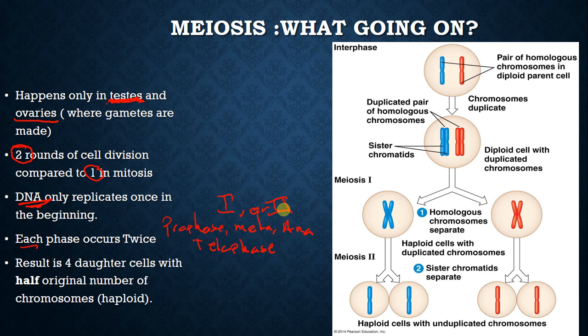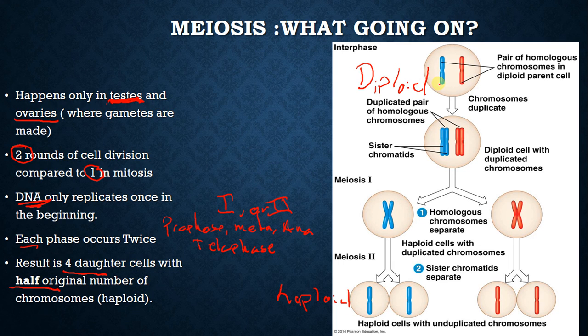Prophase 1 would be the first prophase, prophase 2 would be the second. What we get out is 4 daughter cells, unlike mitosis where you get 2 daughter cells, with half the original number of chromosomes. So what we get out are haploid daughter cells from a diploid mother cell.